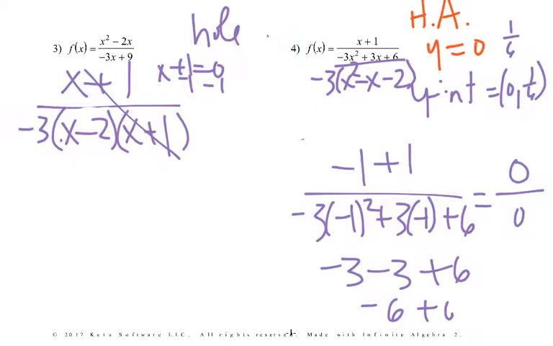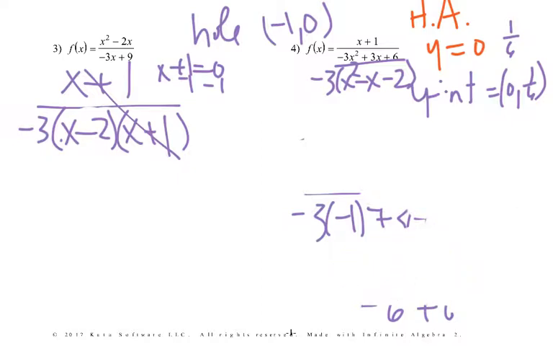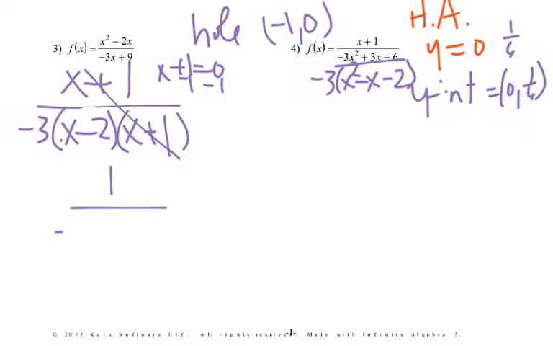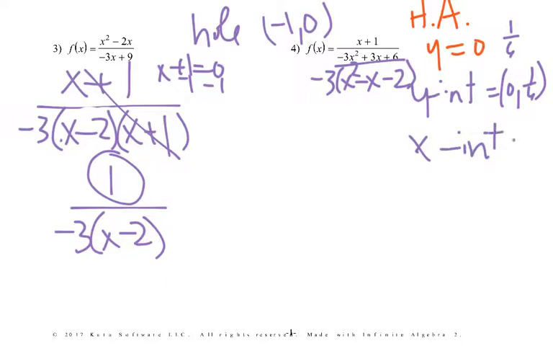So at the point negative 1, 0, we have a hole in the graph, okay? Which you didn't ask for, but that's good to know. But we're left with 1 over negative 3 times x minus 2. So there's no x-intercept because there's no x value here. So x-intercept is none.